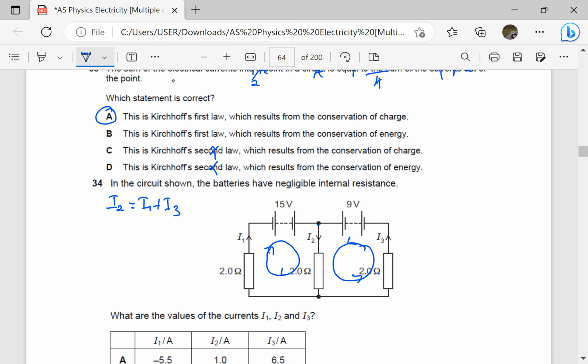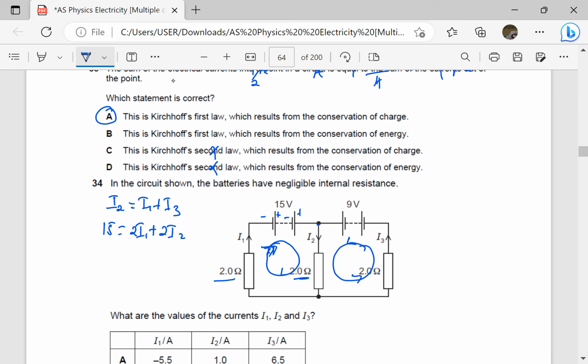Using the first loop, there's only one cell of 15 volts and it is positive EMF because we are moving in the direction of current from this battery. Then sum of PDs: here we have 2 times I1 and here we have plus 2 times I2.